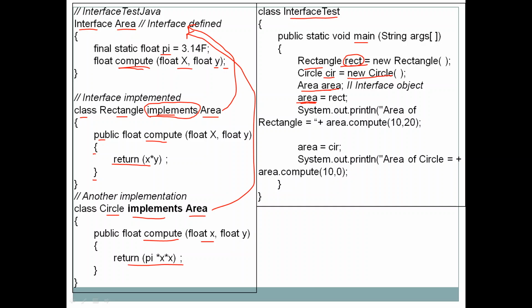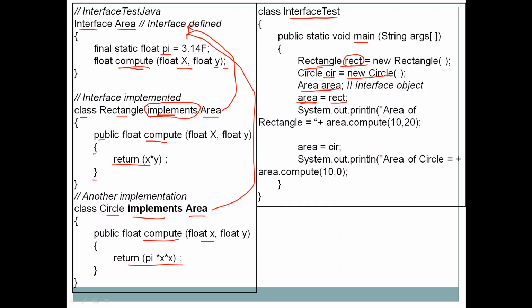When the interface is a super interface. That means the object's class needs to inherit that interface. In this case, rectangle is inheriting the area interface, and that is the reason we can assign the reference of rectangle to area.